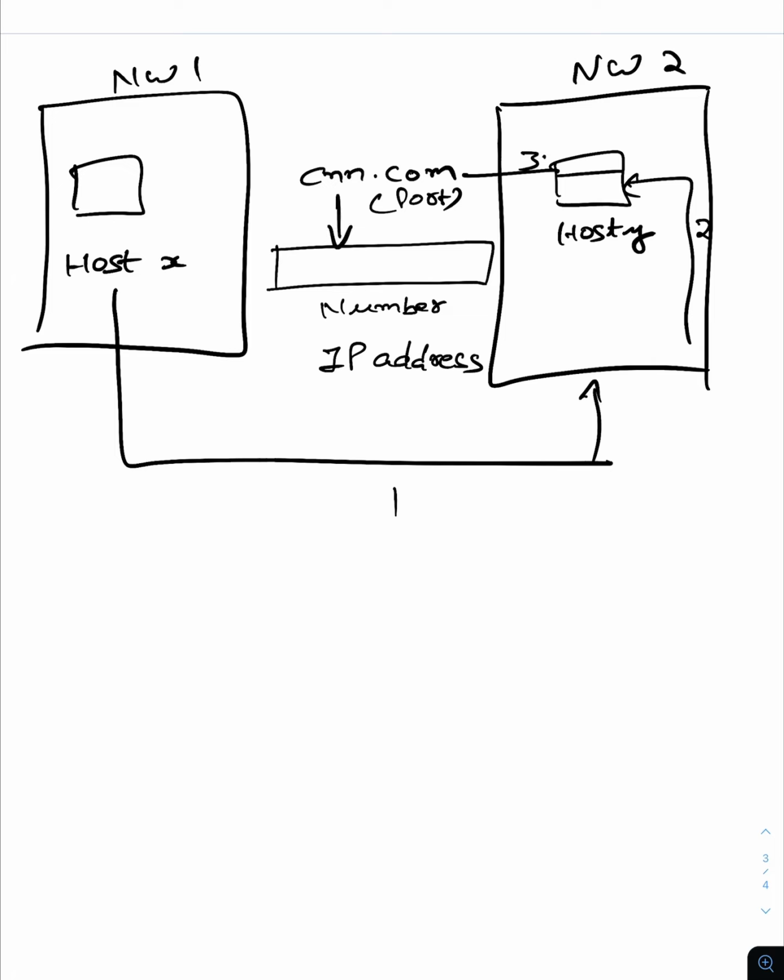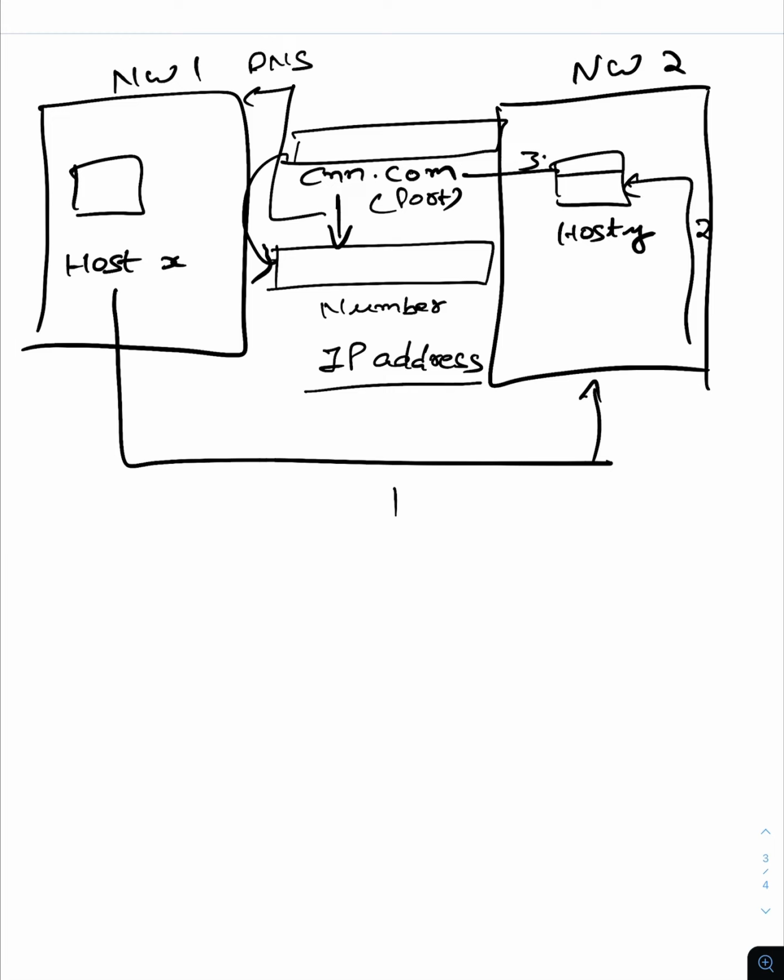So cnn.com, or whatever request you are putting here, is converted into a sequence of numbers called an IP address, and this conversion takes place in a DNS server.